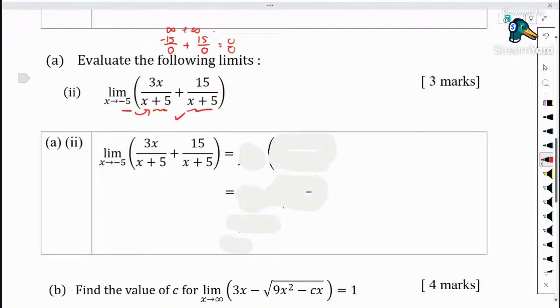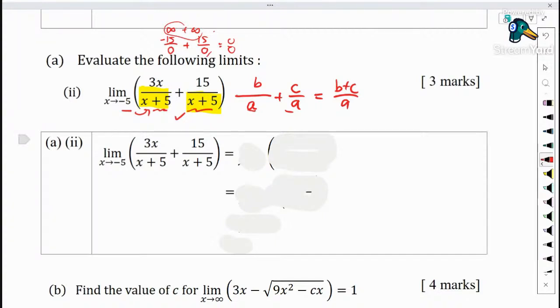Instead of having two terms added up like this and creating an indeterminate answer like what we have seen on top, if you realize the denominators are the same function, x plus 5, then we can join both fractions into one single fraction. It is just like b over a plus c over a, where the answer equals b plus c over a because they have the same base. So let us try to join them together.